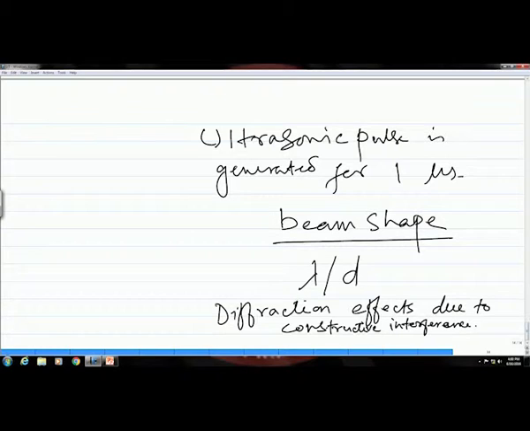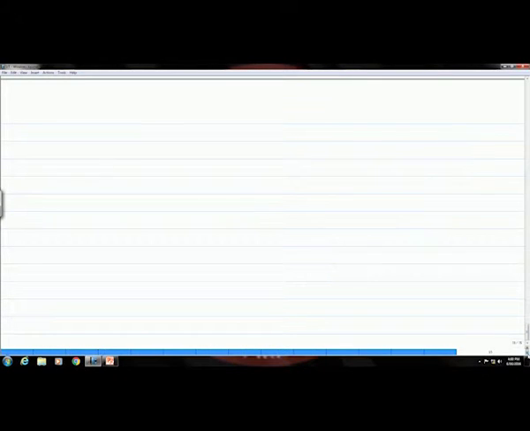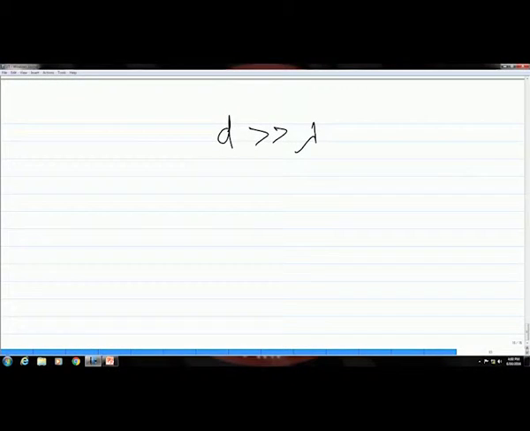And then we saw that finally, when d is much larger than lambda, which is actually the case in real scenarios when we use this transducer to do NDT, it takes a shape like this, which is radiating out like a searchlight.